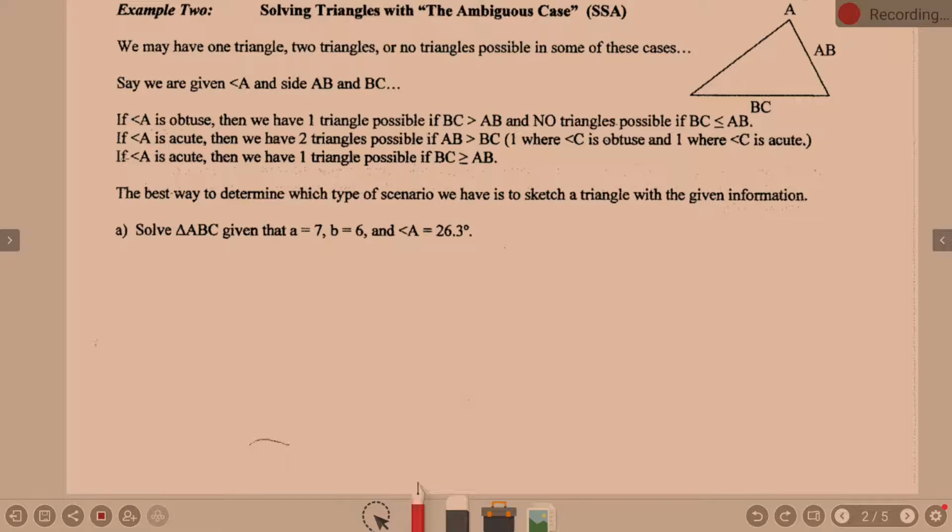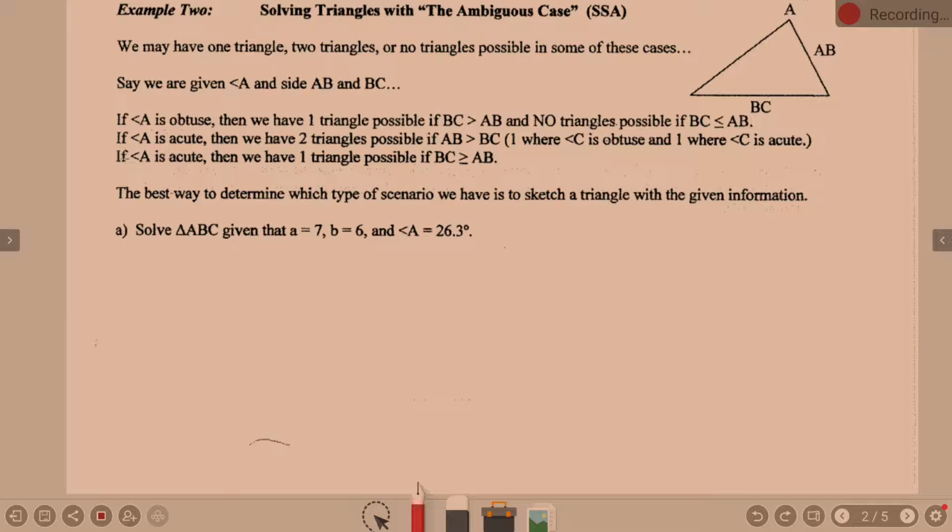The bottom half of this page of notes talks about solving triangles, the ambiguous case, where depending on how you're provided, and here we're talking about side-side-angle, so two sides and an angle not between those. As we talk about this, it all depends on the numbers.